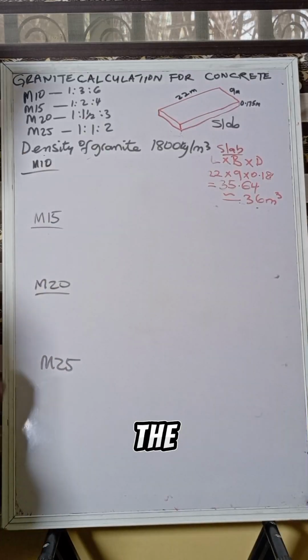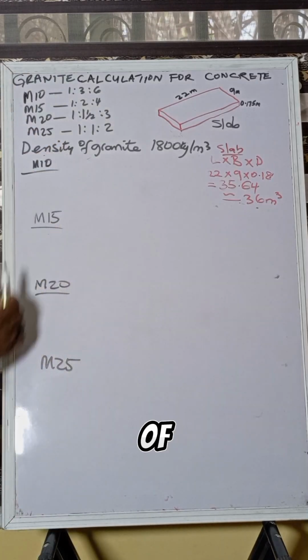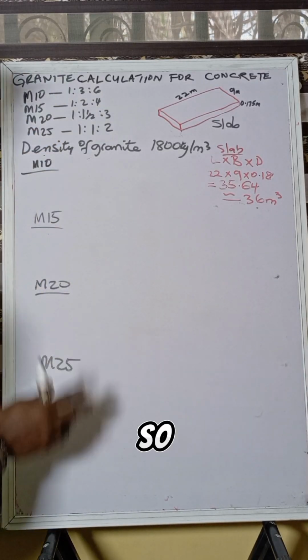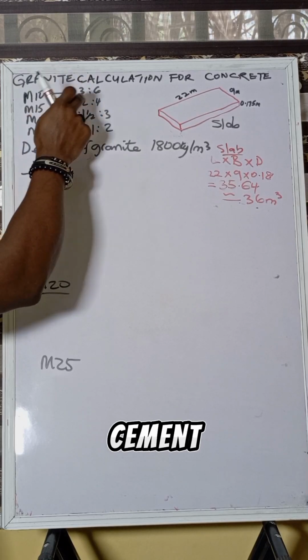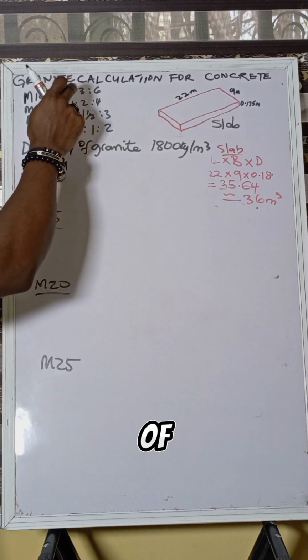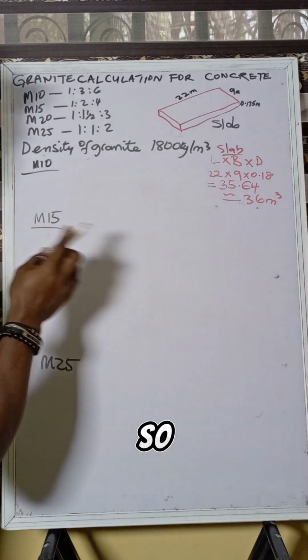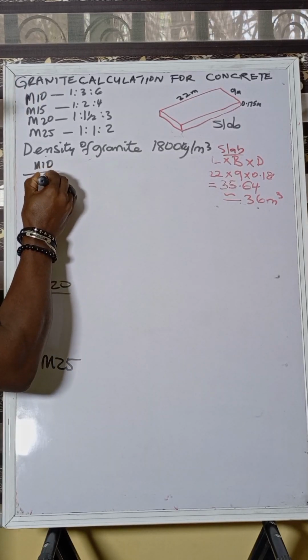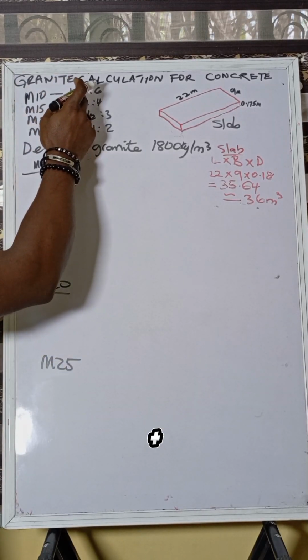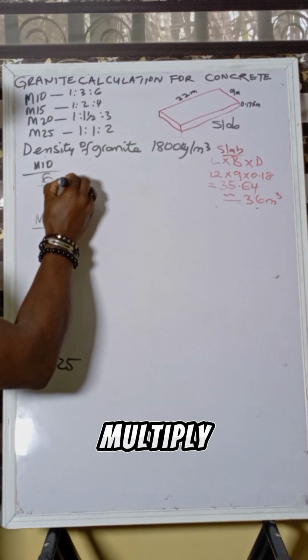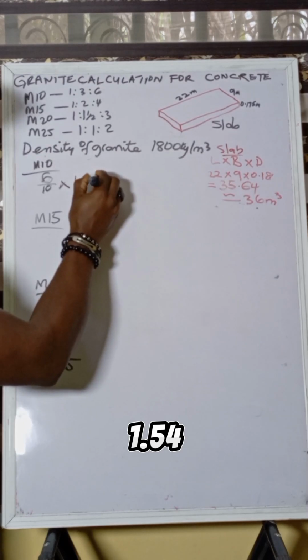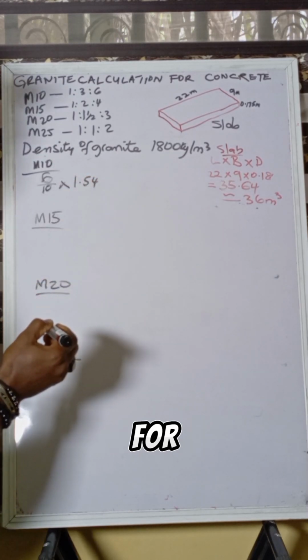For us to calculate the quantities of granite required for each of these 4 grades of concrete, for M10, this is 1 part of cement, 3 parts of sand, and 6 parts of granite. So we are calculating for the granite. It will be 6 over 3 plus 1 plus 6, which is 10, multiplied by 1.54, which is our dry factor for concrete.